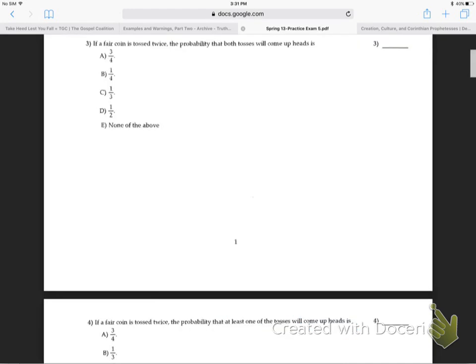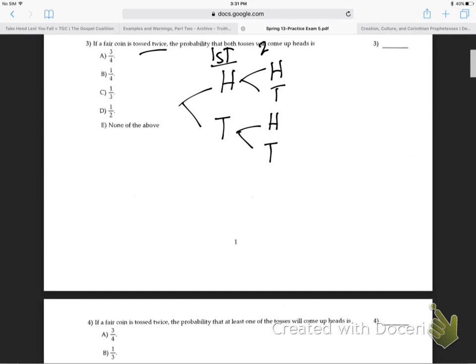Okay, so a coin is tossed twice. Remember what that means? It's heads or tails on the first flip, and then heads or tails on the second flip. So there are 4 different results: heads-heads, heads-tails, tails-heads, tails-tails. 4 different things can happen when you flip a coin twice.